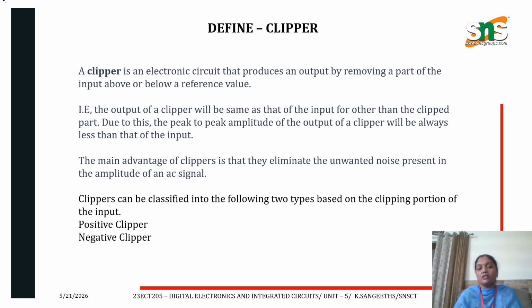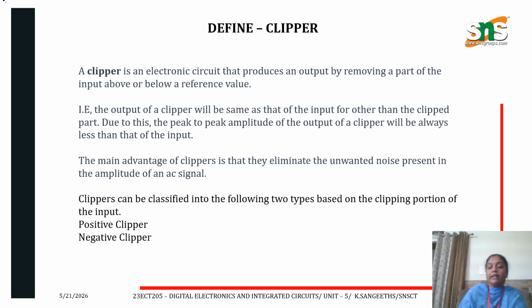Because of this, the peak to peak amplitude of the output of a clipper will always be less than the input, because one side is clipped based on the reference voltage. The main advantage of a clipper is that it eliminates the unwanted noise present in the signal. So this is the definition of clipper.